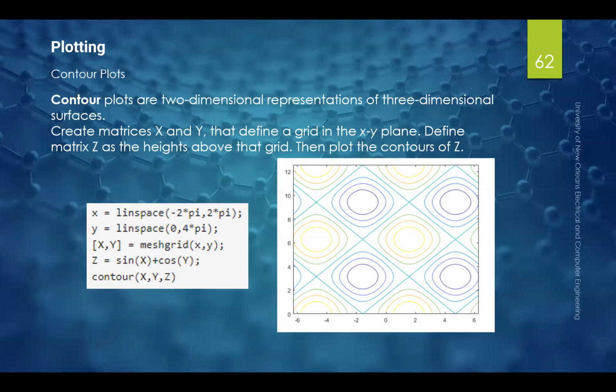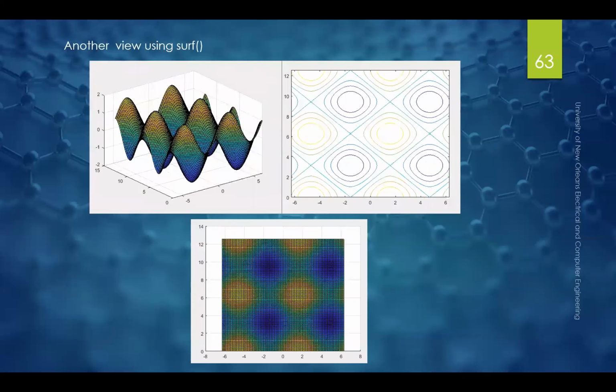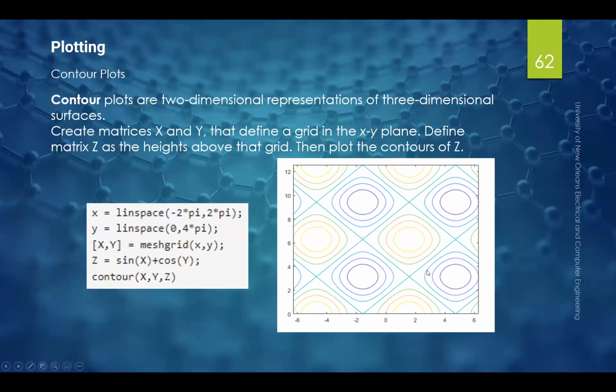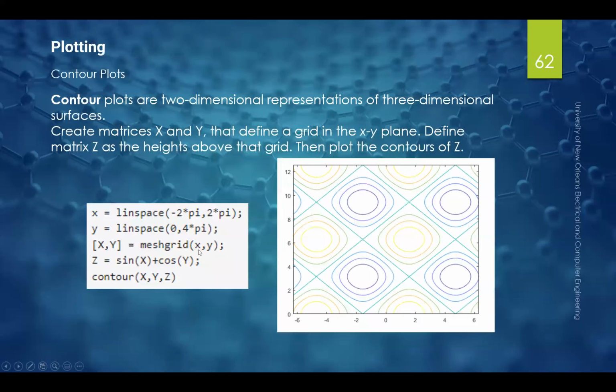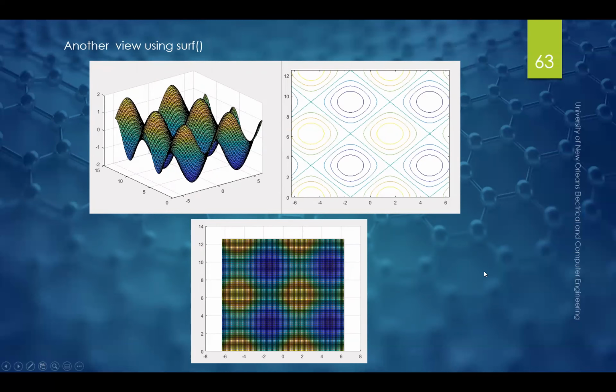And if we look at this function, which is the same function that we see plotted here, and plotted again here. But so you can understand what this means, I also created a couple of other views for the same function, sine X plus cosine Y, using the surf function, right? And so you can see now how the contour is really the bird's eye view of this plot, showing you the different areas, okay?